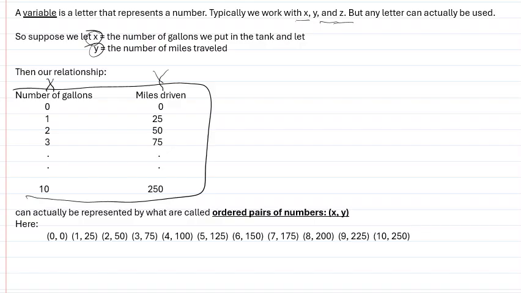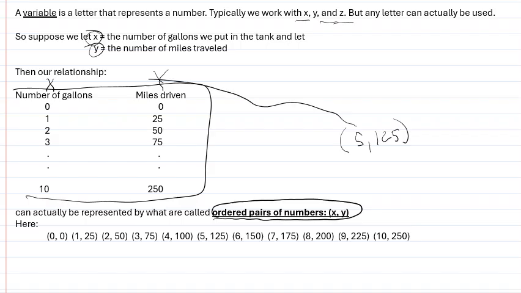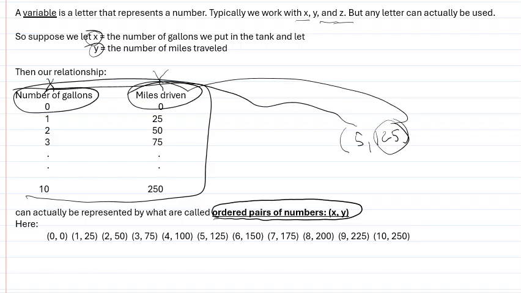One way we actually do this is by what we call ordered pairs of numbers. The first number is associated with X, our domain. The second number, Y, our range, and we put it in between two sets of parentheses. So in the context of this problem here, (5, 125) means I'm talking about 5 gallons of gas and getting 125 miles.